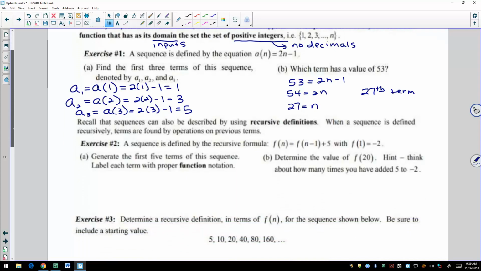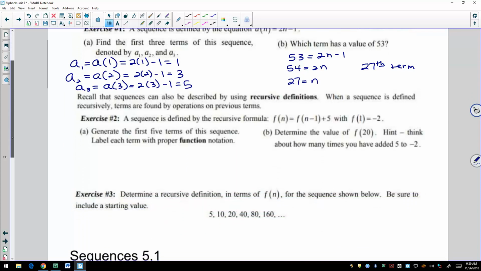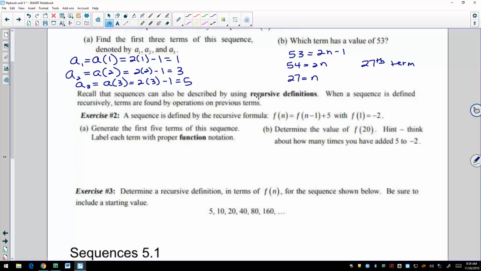Now, sequences can also be described by using recursive definitions. What that means, if it's recursive, it means to get the next output, you have to use the previous output. Sorry, I think I said input. It should be output.